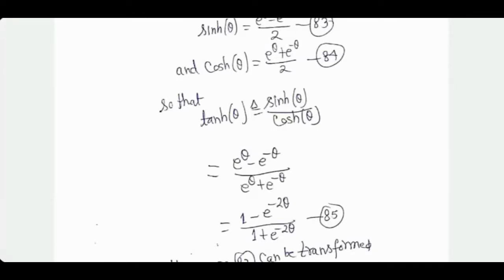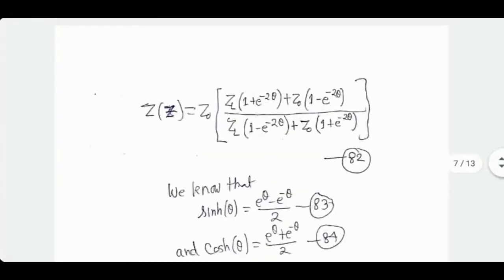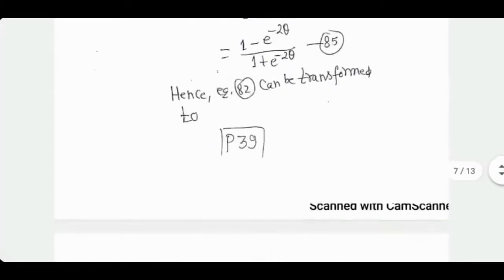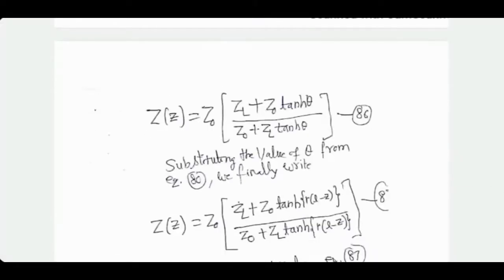And that can be utilized in further simplifying 82. If I divide the numerator and denominator of 82 by 1 plus e to the power minus 2 theta, I get the tanh function. That is the crux here. You can double check it.